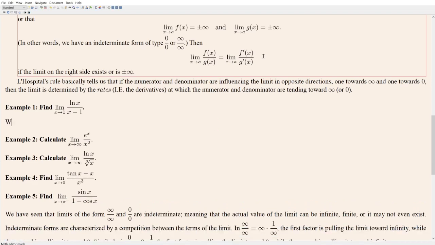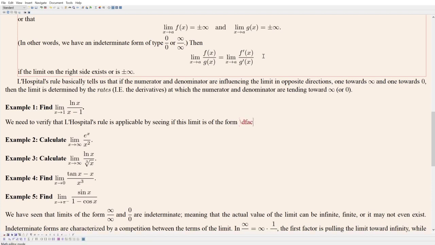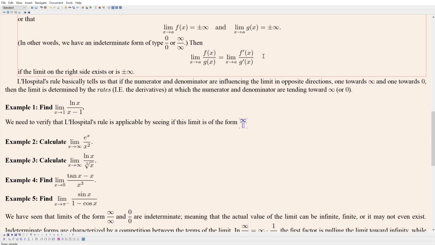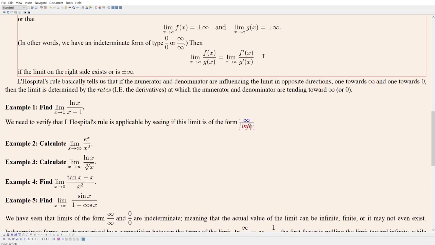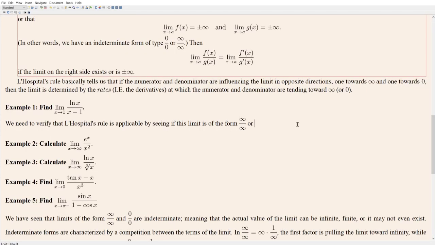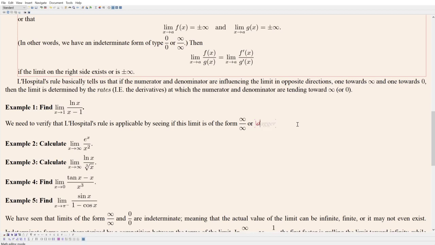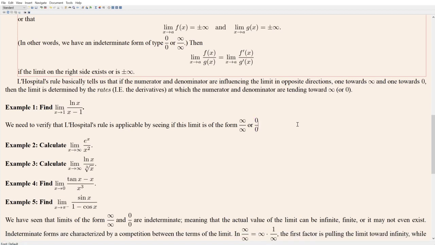So first off, we need to verify that L'Hopital's rule is applicable by seeing if this limit is of the form infinity over infinity or zero over 0.